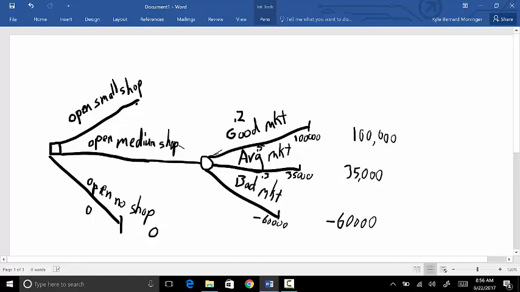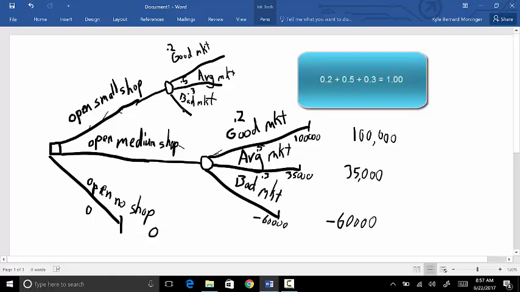Now I'll go ahead and finish up my small shop. After I make that decision, an event could happen. The same three events happen if I open a small shop: good, average, or bad market. I'm going to fill in the probabilities and the monetary values. The probabilities are still the same. A good market occurs 20% of the time, average market 50%, and a bad market 30%. Notice that the probabilities on the event branches must sum up to 1.